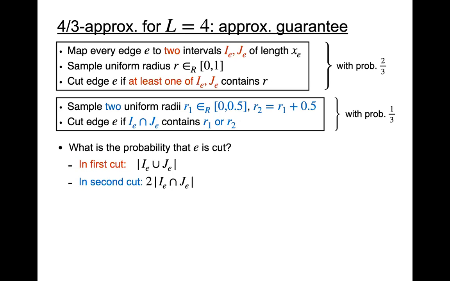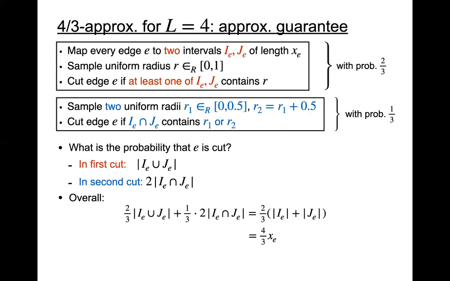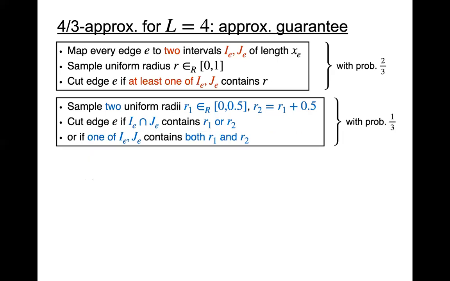And now if we put it all together, then we have probability 2/3 the length of the union plus with probability 1/3 twice the length of the intersection. And all in all, we get 2/3 times the sum of the lengths of the intervals, which is 4/3 times the LP value of E, since both these intervals have length XE. Okay, so that's for short edges.